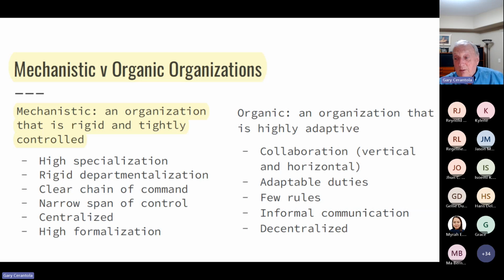And so there's adaptable duties, there's few rules, informal communication, and very decentralized, right? So those are the bookends. Then depending on the industry and the company and the customer base that you're serving, you'll find something in between to be able to satisfy the structure that will create the right behaviors to be successful as a corporation or a business.